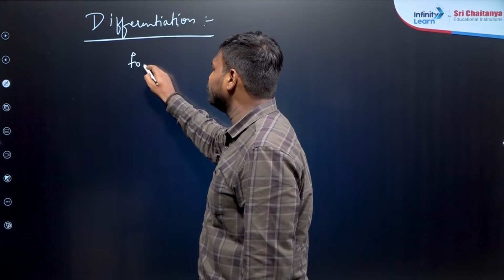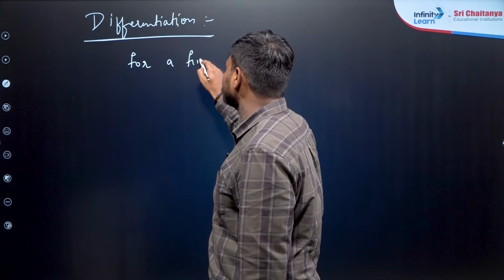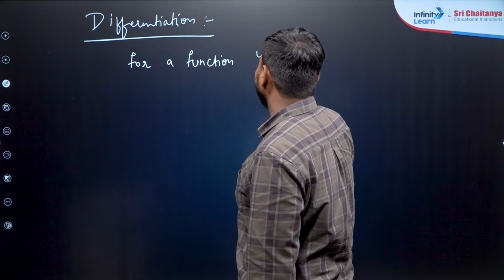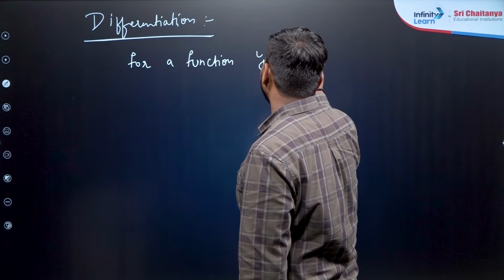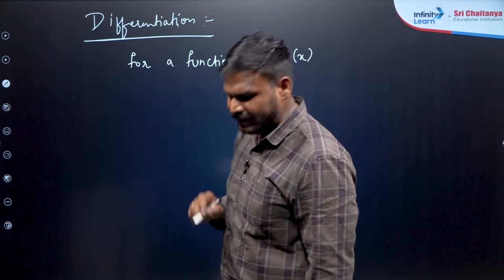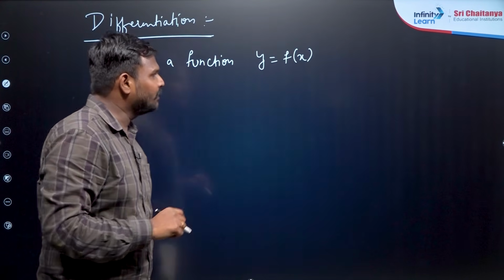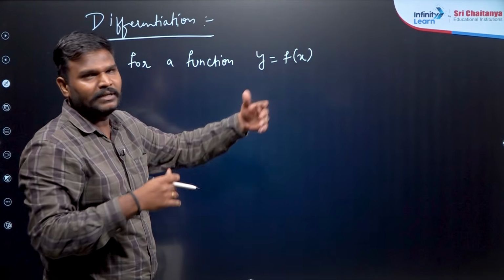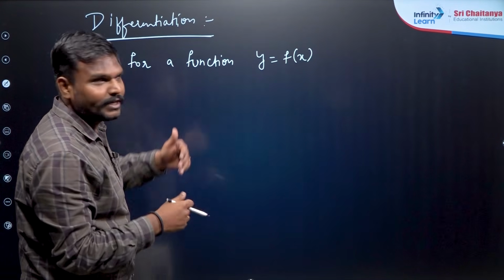For a function y is equal to f of x, y is the dependent variable and x is the independent variable. The RHS variable is independent, the LHS variable is dependent.